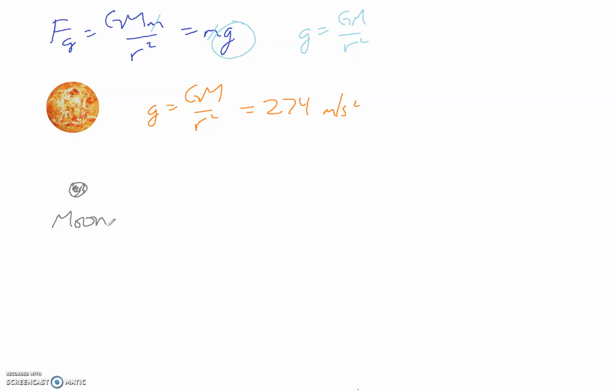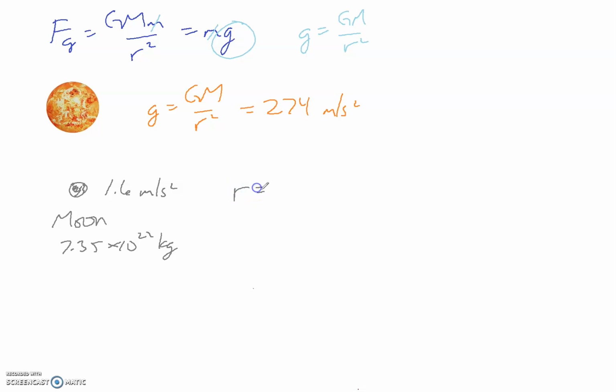So if we take about 1/6 of it, the moon has an acceleration of about 1.6 meters per second squared. Well, if you know the mass of the moon, which is on your sheet, and it's about 7.35 times 10 to the 22 kilograms, you could find the radius of the moon using this type of information.